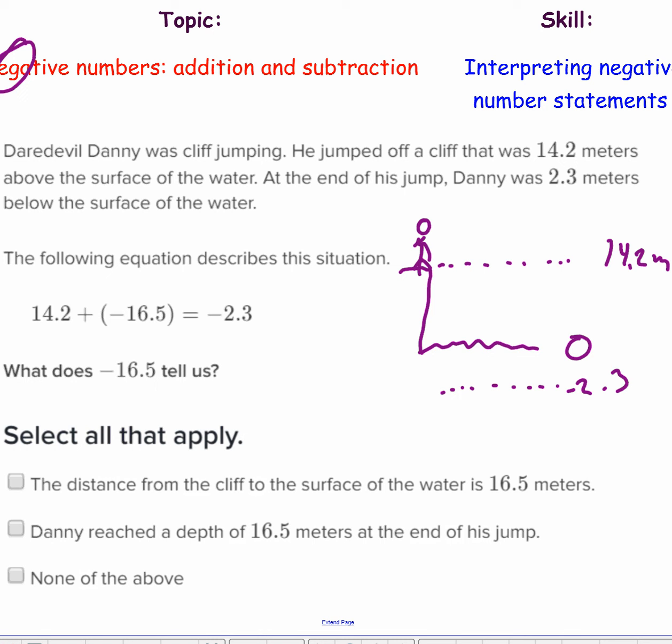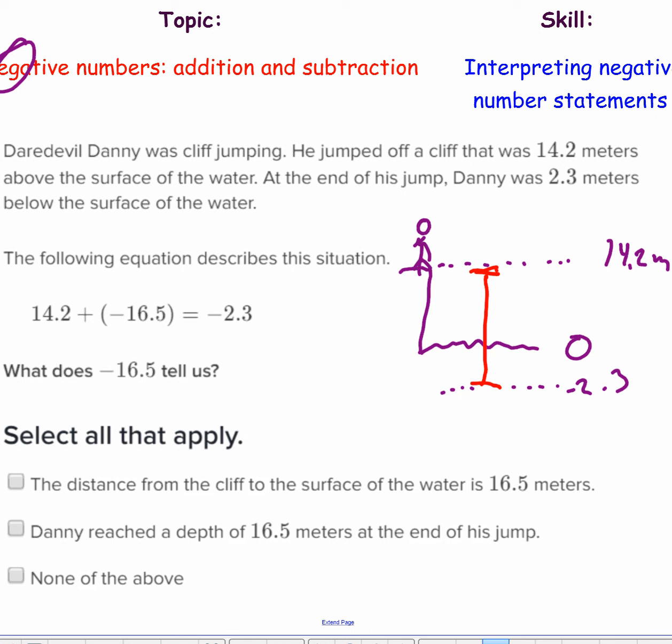It says the following equation describes the situation. 14.2, the height, plus negative 16.5 equals negative 2.3. So that negative 16.5 has to be the distance from here all the way down to here.